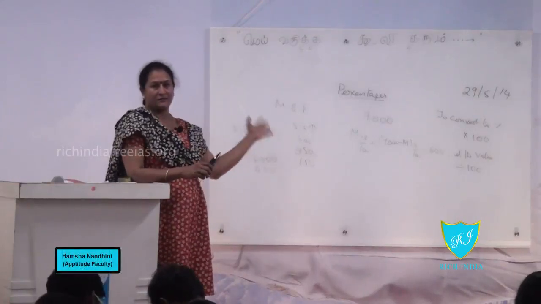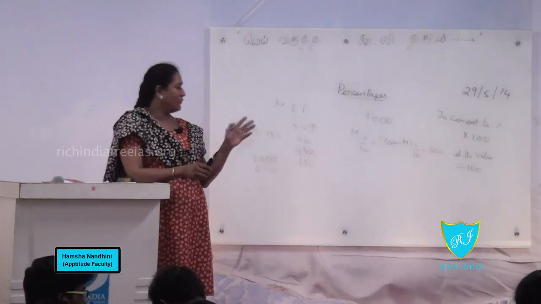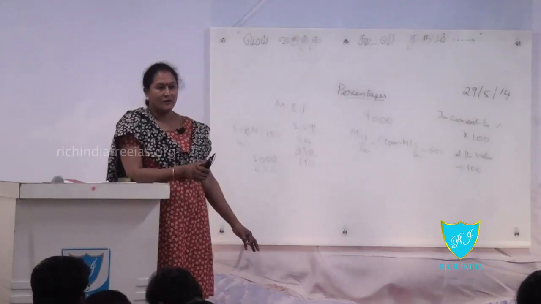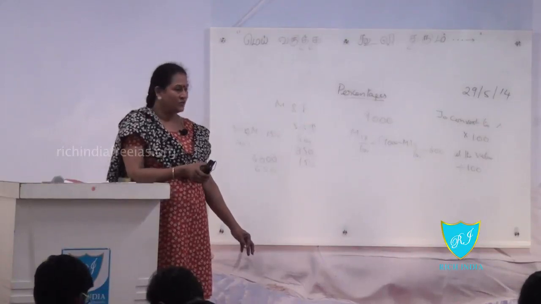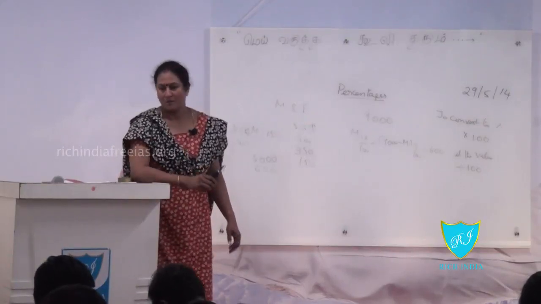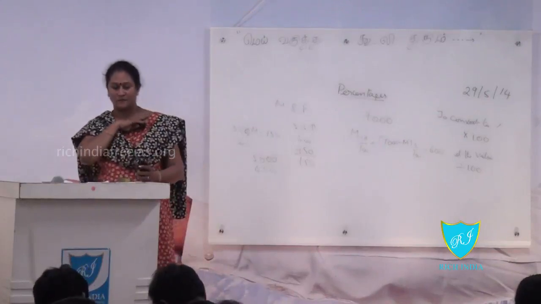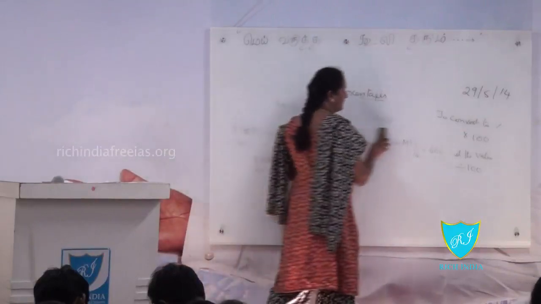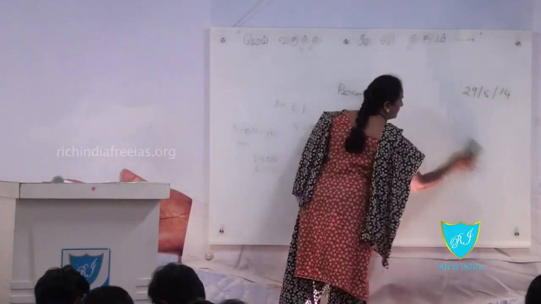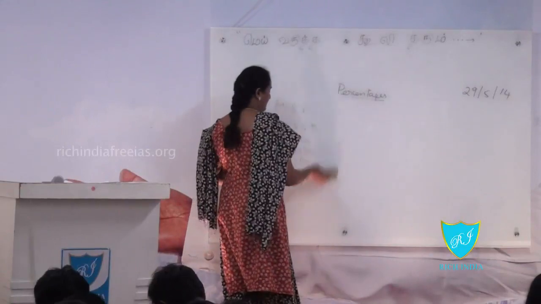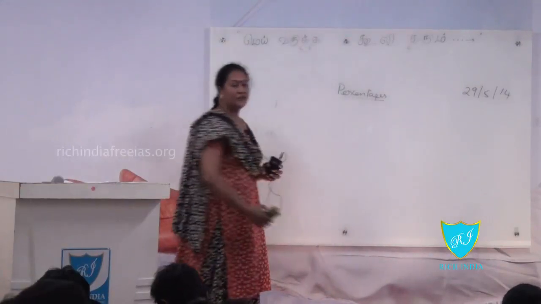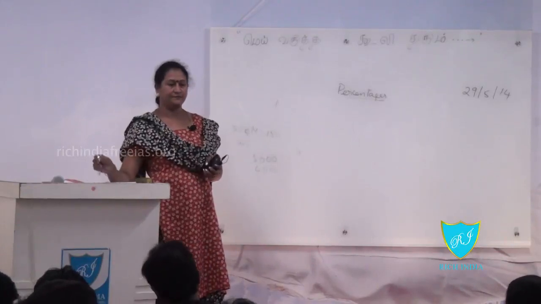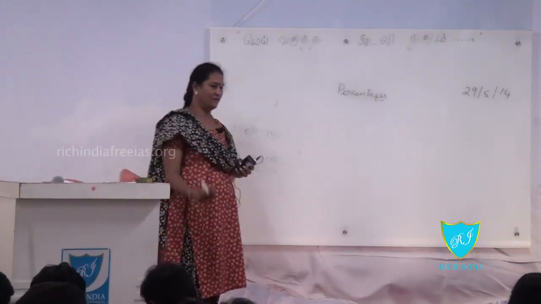So both give the same value. So 4000 female and then male is 5000. So you understood the fourth question? Okay.